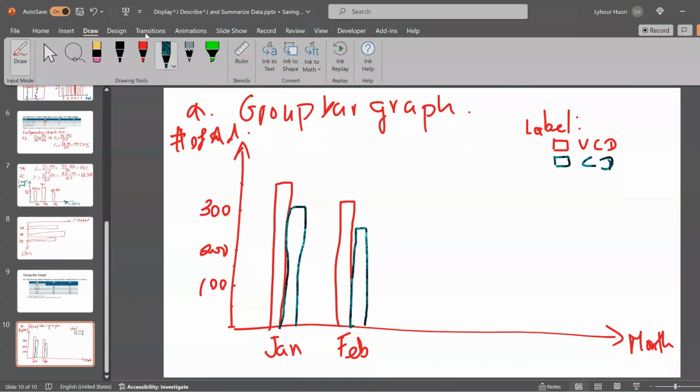In your drawing, these two bars should be aligned together, not with a gap here. They should be aligned together.